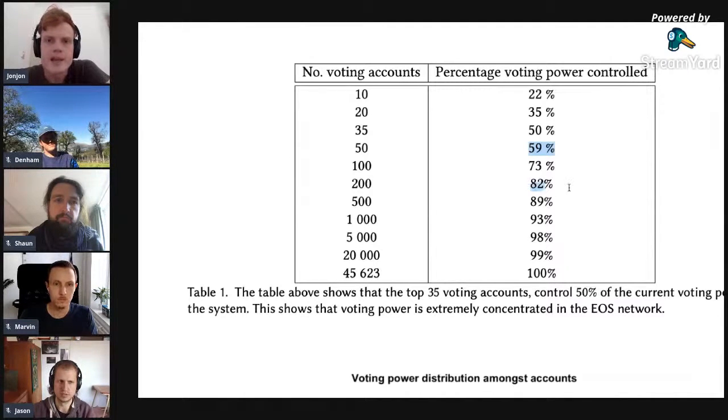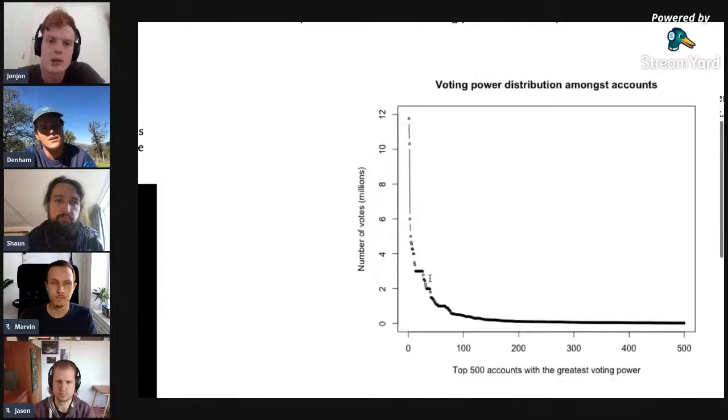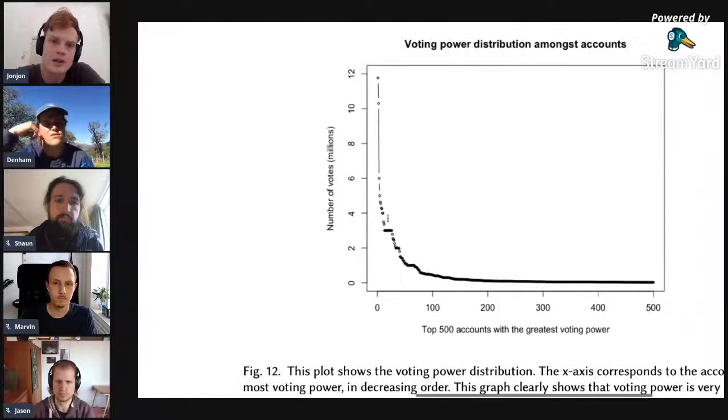And as soon as you get up to 200, that's literally 80%. There's 45,000 voting accounts, but it's so negligible, almost all of the voting is really the top 1,000 who control the system. And here's another plot just showing the top 500 accounts and the voting power, and you can just see how insane this graph is.